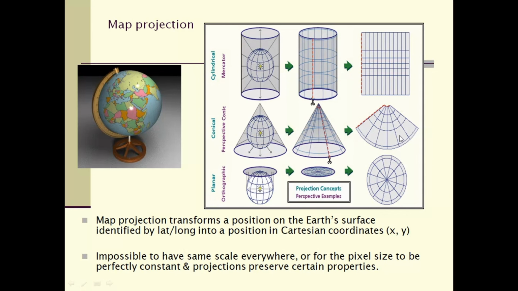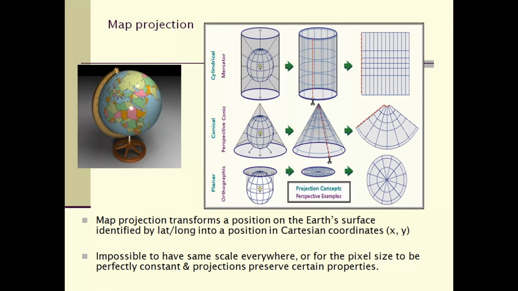And if we use a plane surface like this and take a projection in this direction, then we get azimuthal projection. So this is just to represent how the projections are cylindrical, conical and planar.